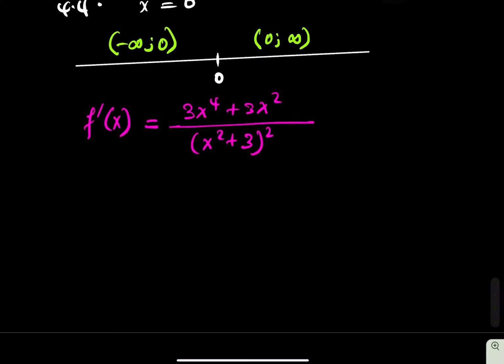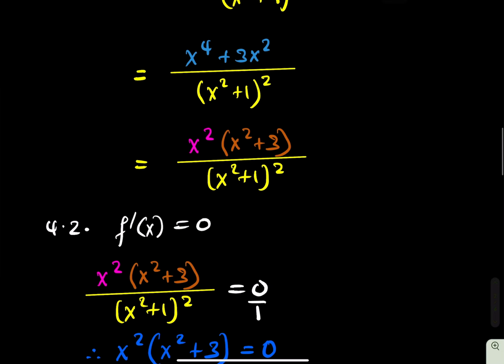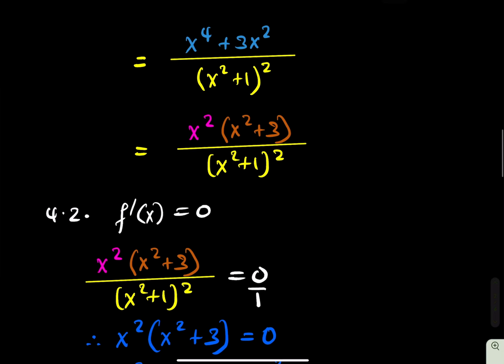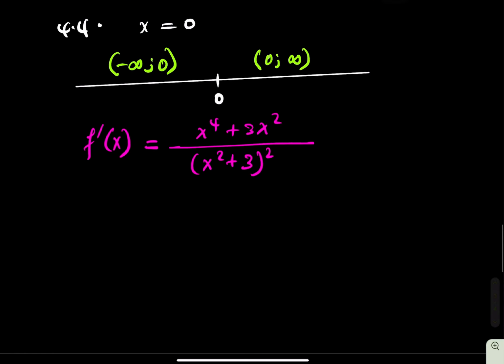Let me check. Yeah, x to the power 4 plus 3x squared over x squared plus 1 to the power 2. Yeah, you are going to have this one as the first derivative.